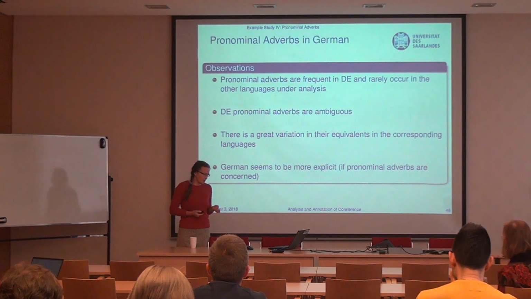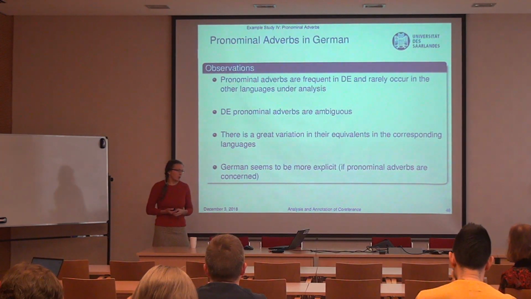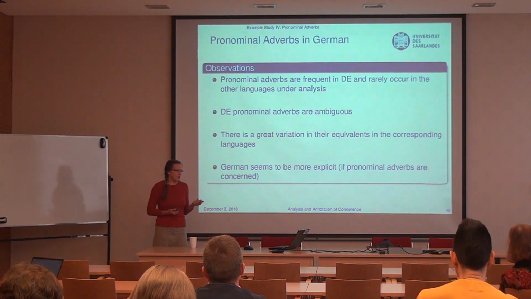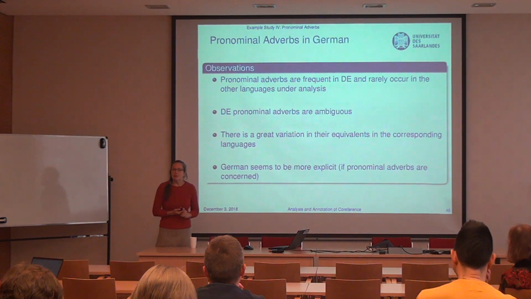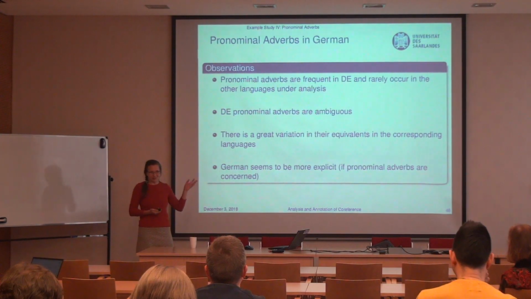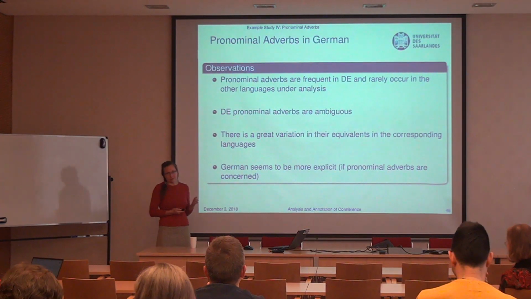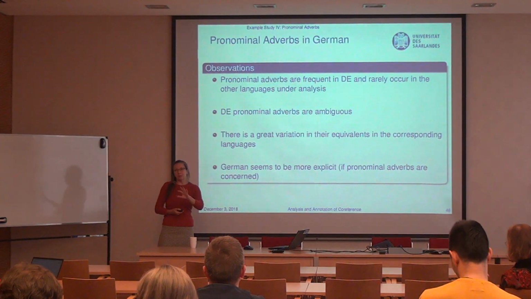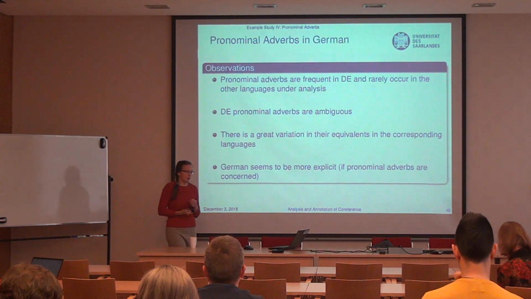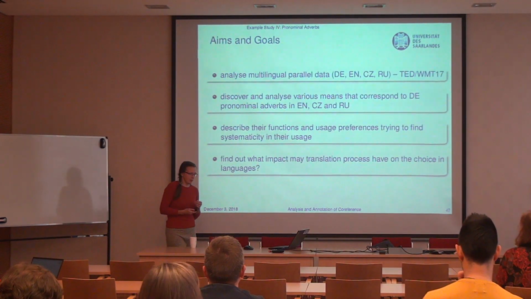So our observations were that pronominal adverbs are frequent in German and rarely occur in other languages. They are ambiguous, and there is a great variation in their equivalence in the corresponding languages, which could already be seen in the example of 1 sentence. And German seems to be more explicit if pronominal adverbs are considered, more explicit if you compare German to other languages that we had.